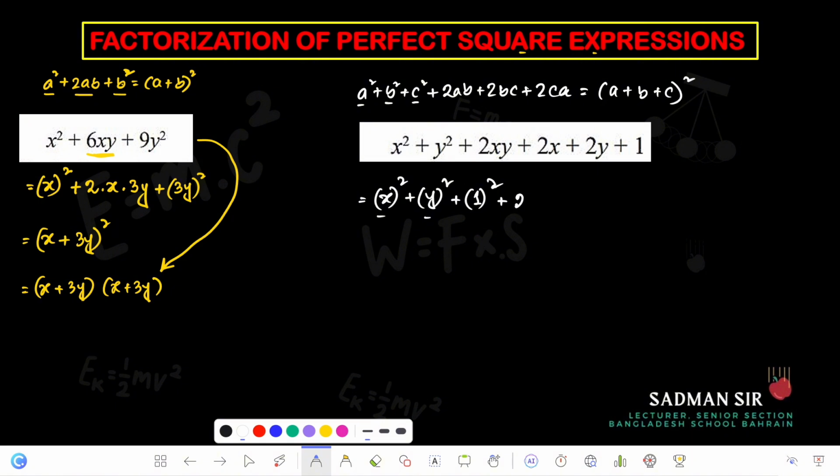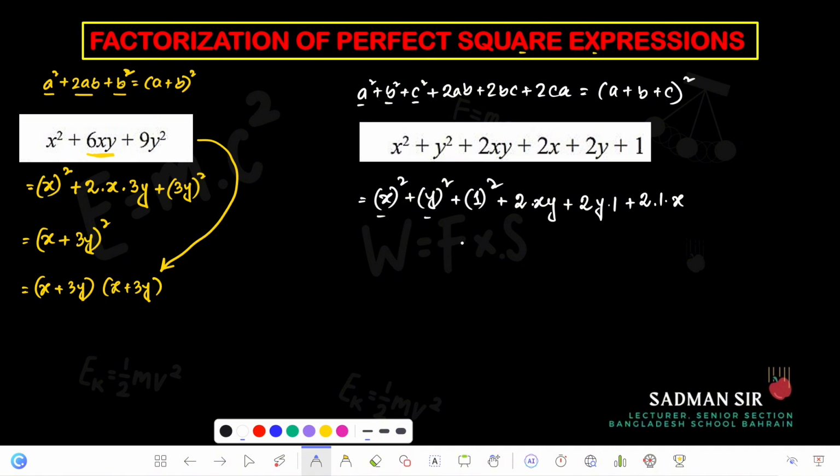Then plus 2 into ab: a is x and b is y, so 2xy. Plus 2 into bc: b is y and c is 1, so 2 into y into 1. Plus 2ca: c is 1 and a is x, so 2 into 1 into x.